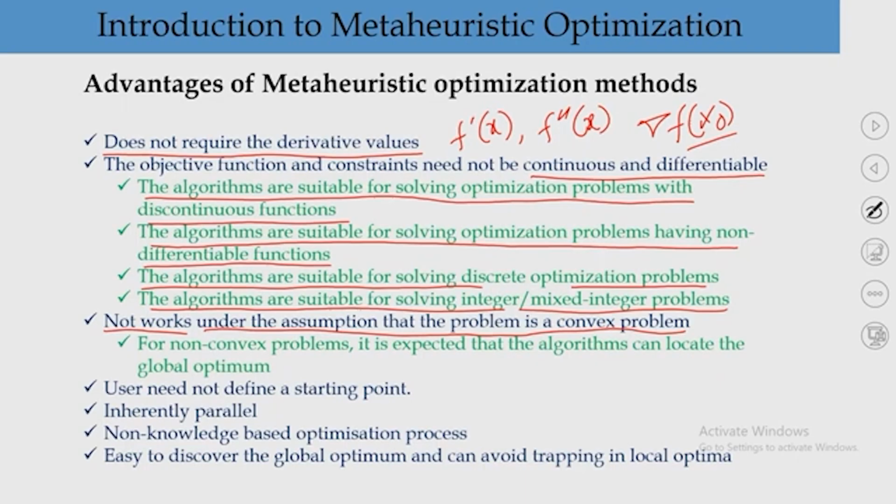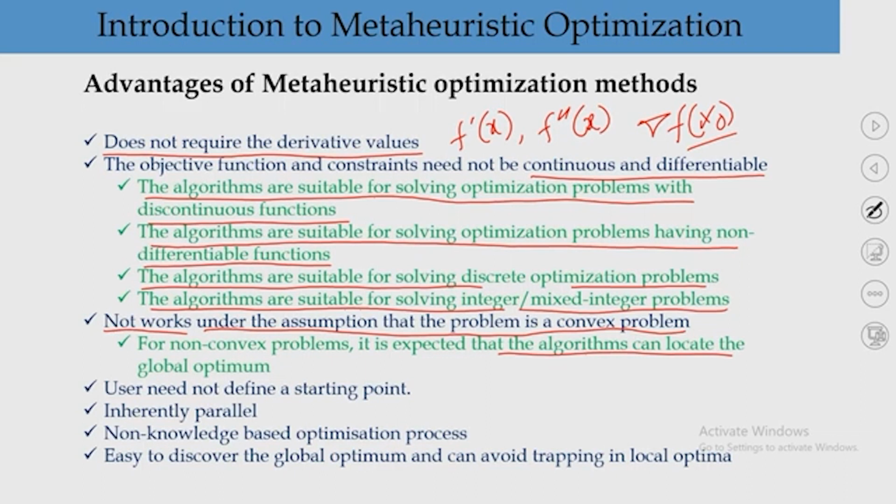For your problem, which one will you select? If you know your problem is convex, go for a classical optimization technique, because they are very good for solving convex problems. If your problem is non-convex, then I suggest that you apply a metaheuristic optimization method.